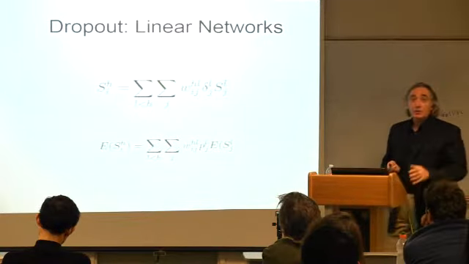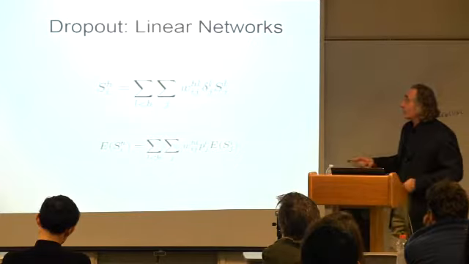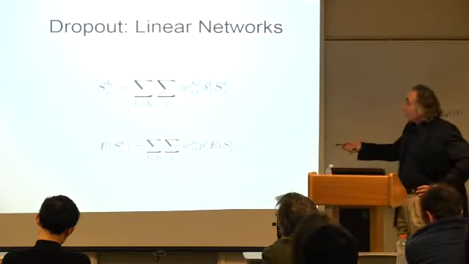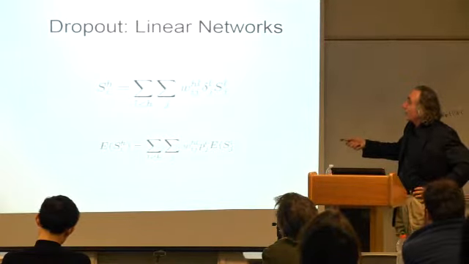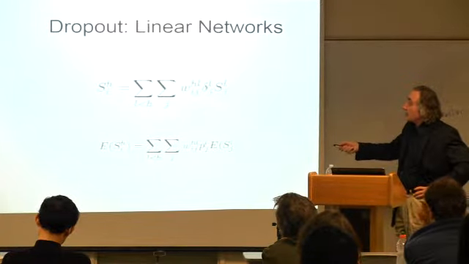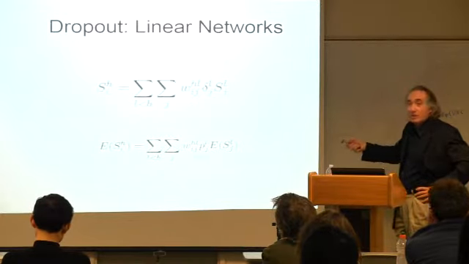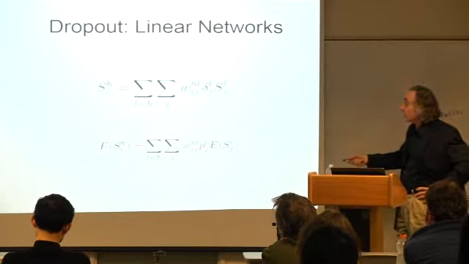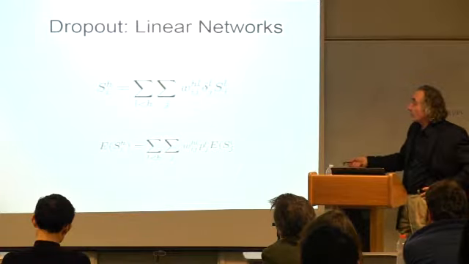Very briefly, the first thing you want to do is look at the linear case. So you imagine you have a pure linear network. So you have something like this, and the dropout here is represented by the selector function here, which is selecting neuron j in layer l. And if you compute the expectation of this output, you can see that all these terms being independent, the expectation of the product is the product of the expectations, and that indeed you get the expectation of this selector variable, which if you're using 0.5 is going to be 0.5.